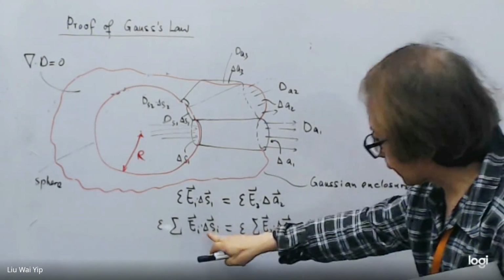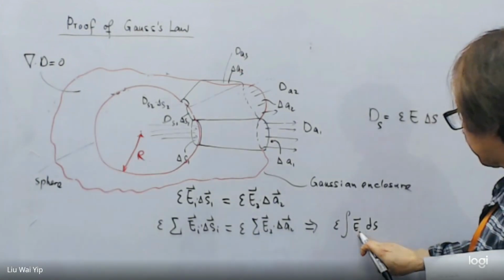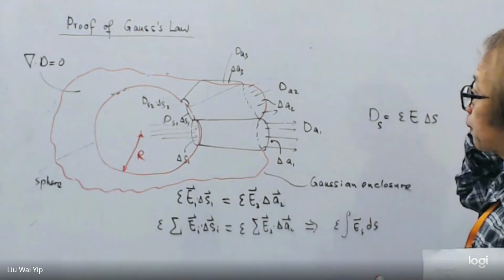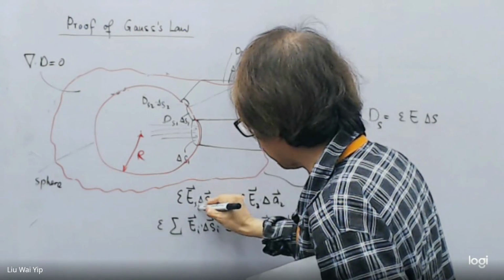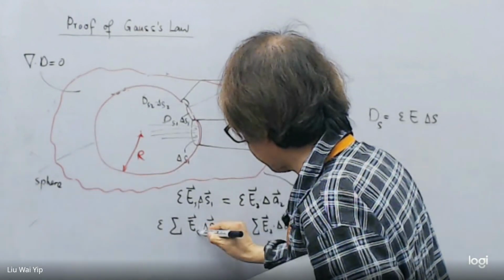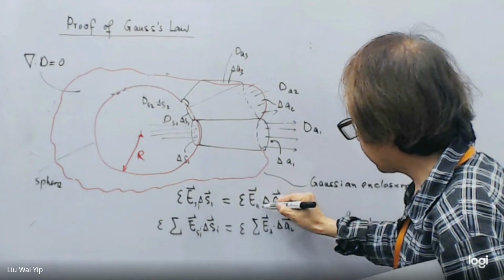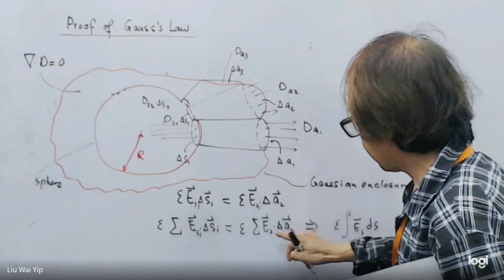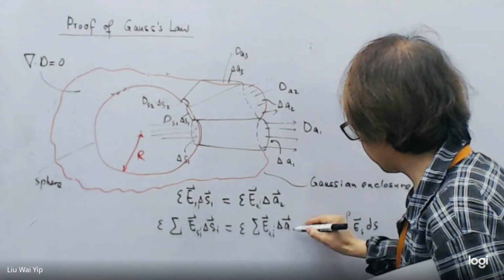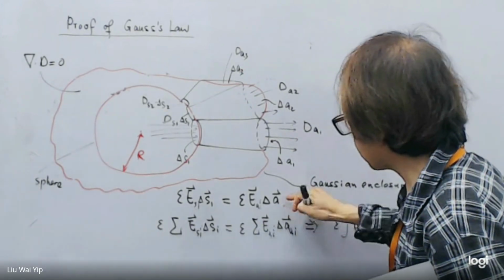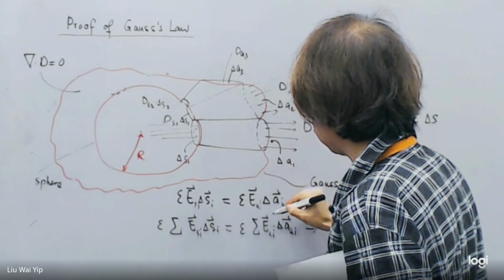And instead of using delta S_i, we use delta S. So by the way, I have to highlight, this is E of S_i, this is E of A_i, so you never get confused.